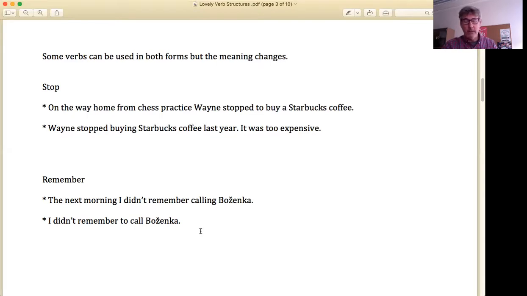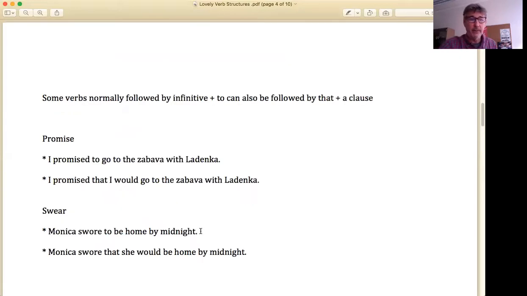Believe me, you never wanted to do that. You always wanted to remember to call her, because the price she would pay not to call just wasn't worth it. But hopefully you can see the difference in the meaning. I didn't remember calling her, no memory of it. I didn't remember to call her. I just forgot to call her. So the meaning's different. And it's really important what you want to communicate if you choose to use the gerund or if you choose to use the infinitive.